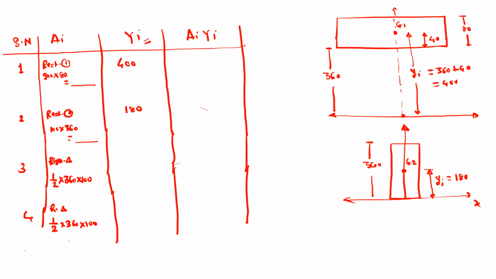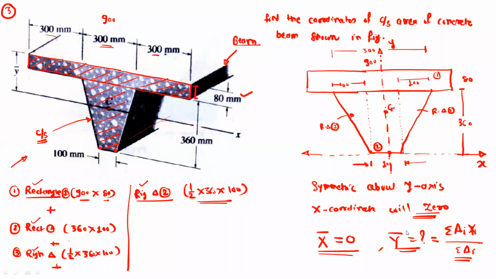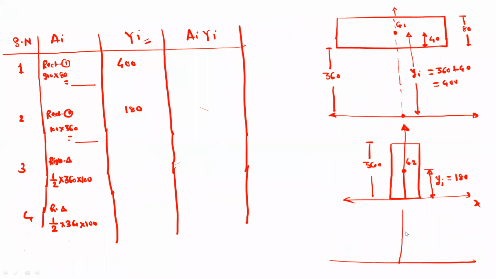For the right angle triangle, this is right angle triangle 1 and this is the second right angle triangle.